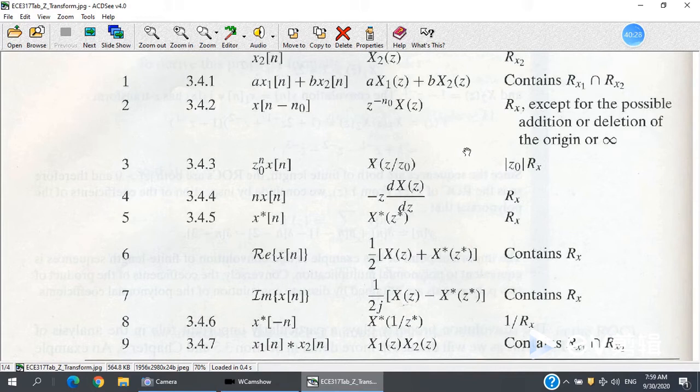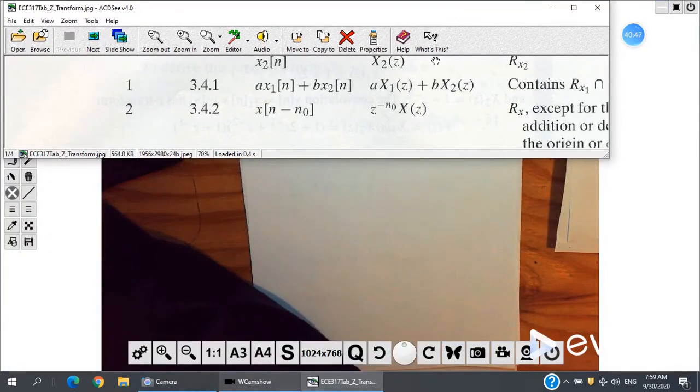Y goes to capital Y, and minus half. This is y with a shift by 2. Oh, sorry, I forgot this. I need to go to here.